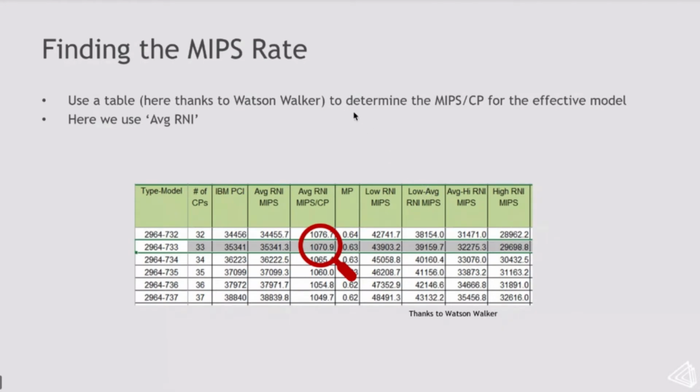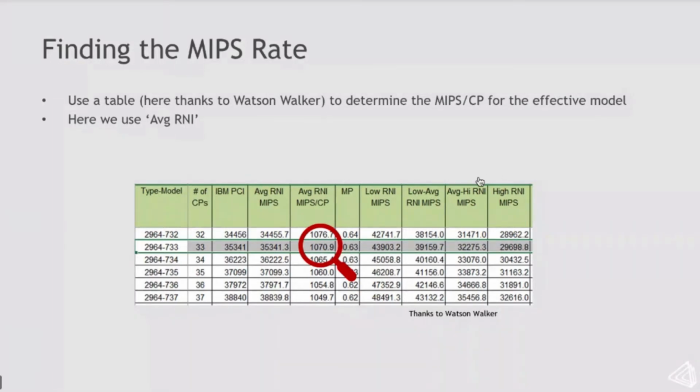But for contractual purposes and for benchmarking across different models, the industry standard is to always take the average RNI to do this calculation. I think it's very important, to emphasize the contractual part, that you have a very clear definition of this.